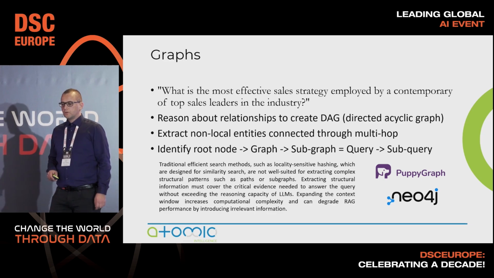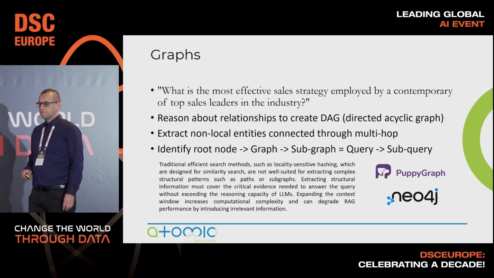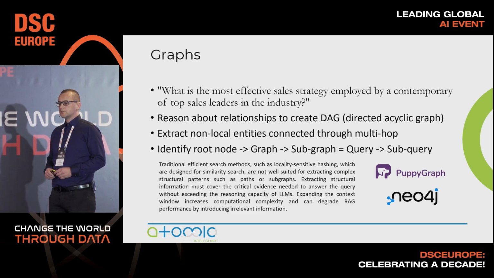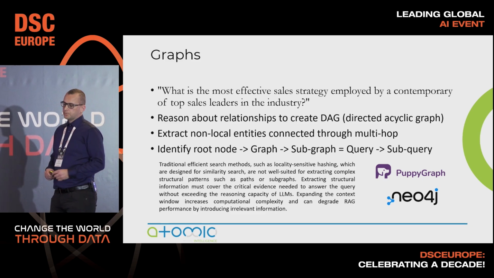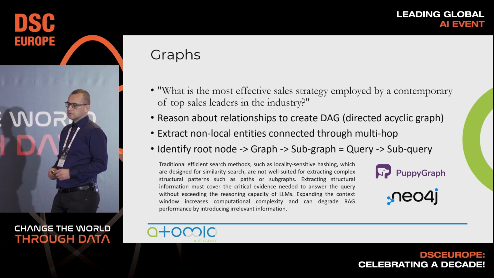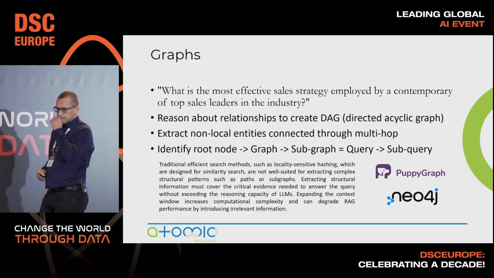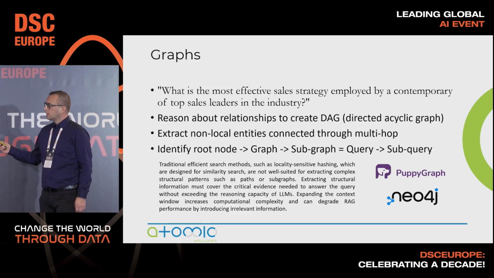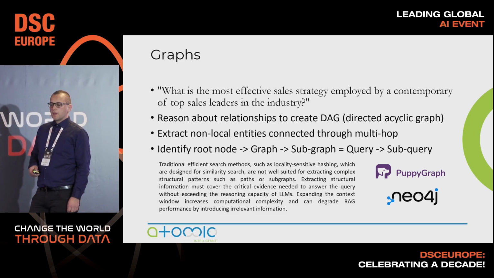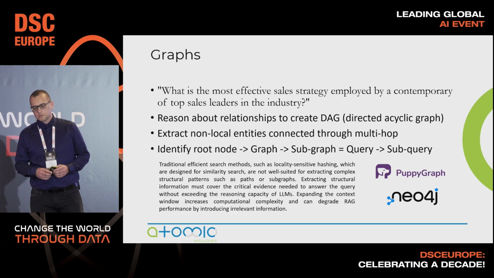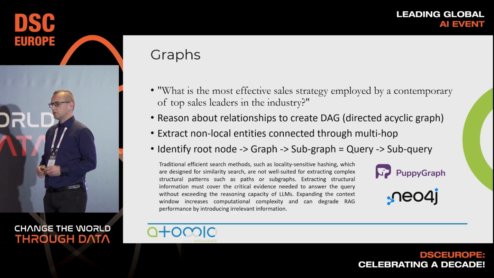Now, a few more words on graphs. This approach of using graphs significantly outperforms traditional sequence-to-sequence approaches, and in this process the system identifies a root node, a so-called directed acyclic graph, and it also goes with multiple hops through nodes to construct the query.